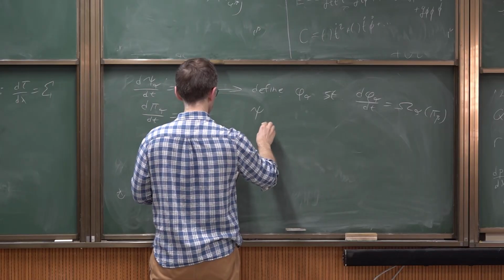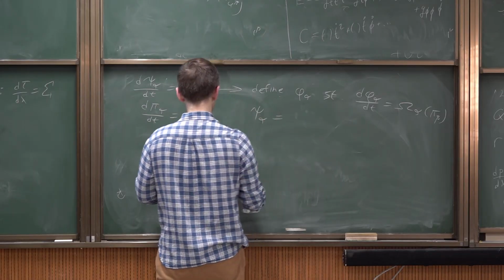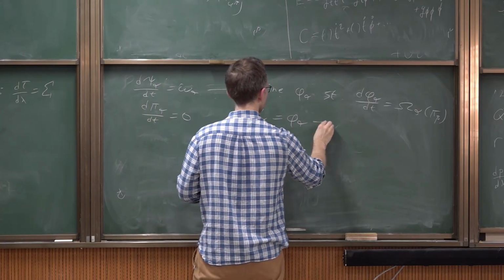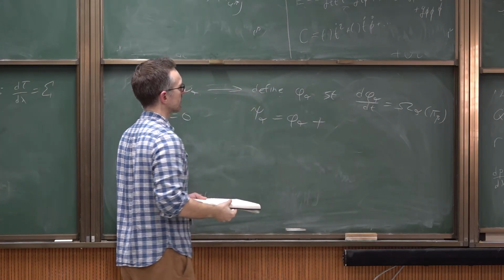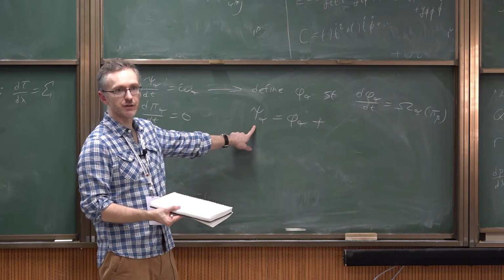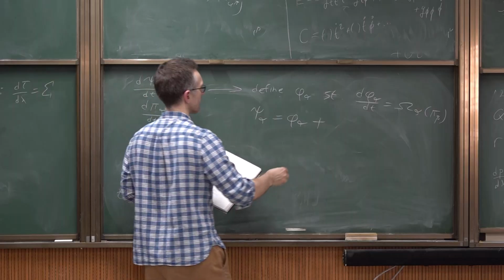The transformation I can write as ψ_α is Φ_α plus an oscillatory piece, such that the curly Φ is basically an averaged version of ψ.